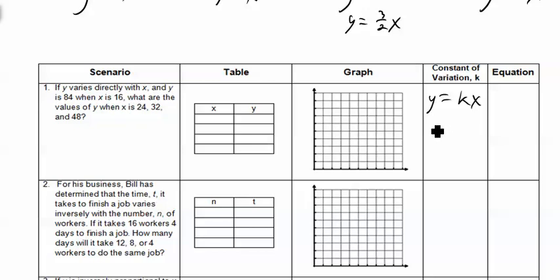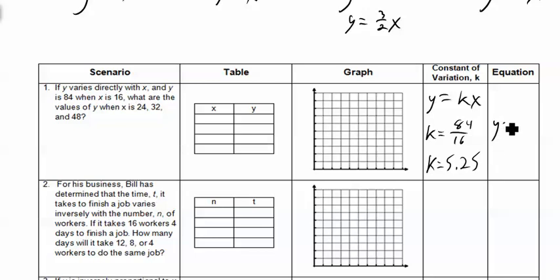So k is going to be 84 over 16, which is, alright, so I got out my handy calculator and I got k equals 5.25. Okay, so it didn't come out even, but that's okay.